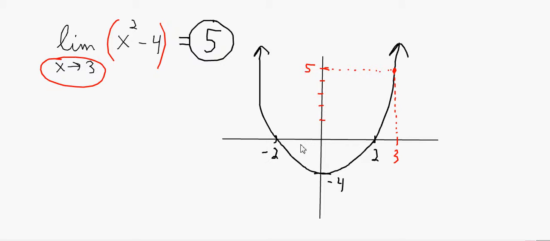Okay? Now, generally, actually, all the time, when you're doing a limit, you don't really care what's happening at 3. Yeah, the answer is 5 when you put 3. That's great, but that's not why the limit equals 5. The limit equals 5 because for x values around 3, if you're down in this interval, or this interval, and you're moving closer to 3, the graph up here is moving closer to the point that's there.